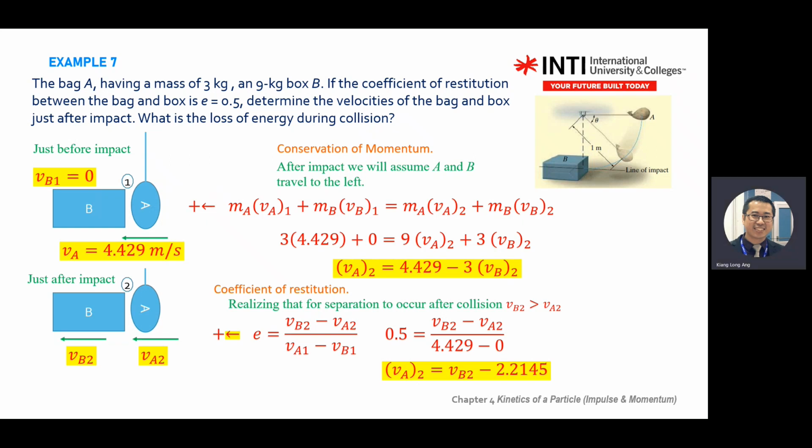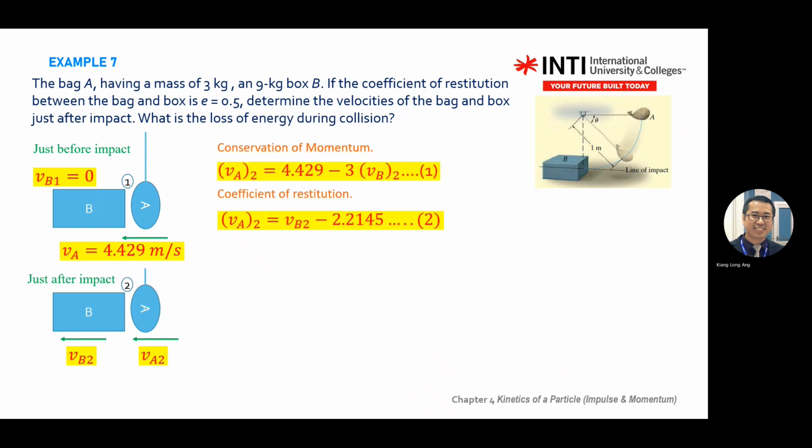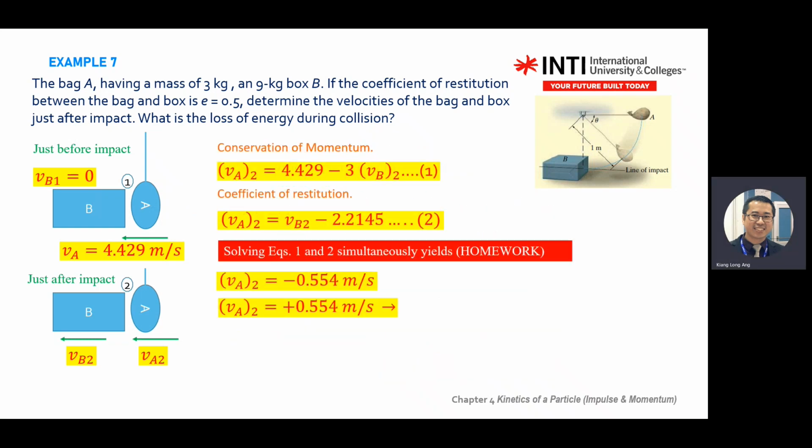Okay. Try to observe the steps that we use and why we use the equation, or when we use the equation. All right, we solve, then you get the direction. In this case, you find the VA2 has a negative sign. Negative sign means opposite direction.